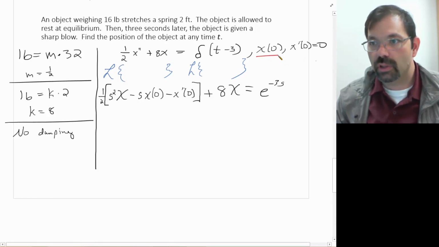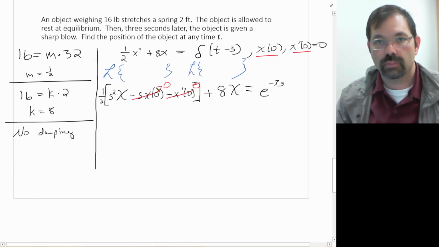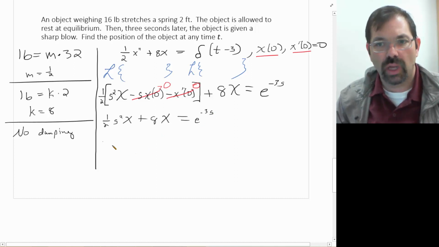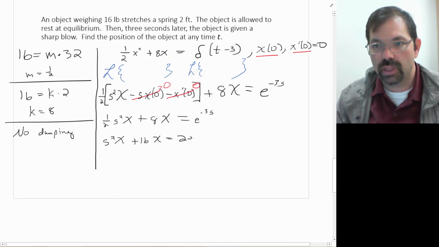All right, now x of 0 is 0, x prime of 0 is 0, so those both go to zero. So I now have 1/2 s squared times X plus 8X is equal to e to the negative 3s. Let's get rid of the fraction. I'll multiply through by 2. s squared X plus 16X is equal to 2e to the negative 3s.